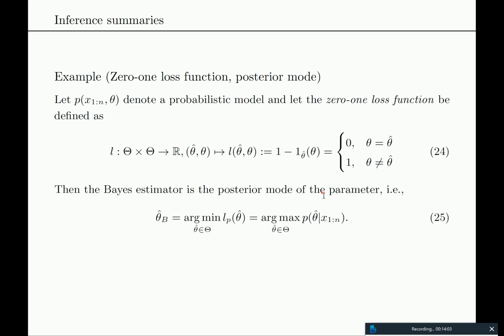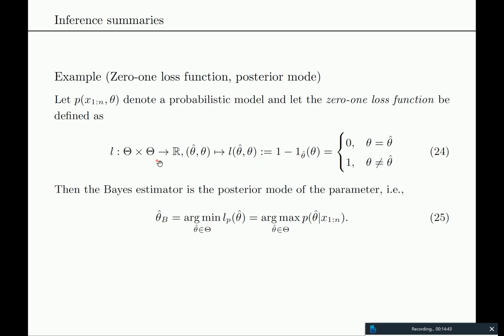Now, under the 0,1 loss function, the Bayes estimator, so the estimator that minimizes your posterior loss, is the posterior mode of the parameter, also called the maximum a posteriori or MAP estimator. Of course, for a Gaussian posterior, this is somewhat lame, because for a Gaussian, the maximum a posteriori and the minimum mean square error estimator are the same thing, because the mode and the expectation of a Gaussian are the same, but this is, of course, not always the case for other distributions.